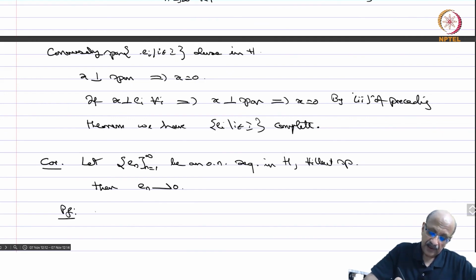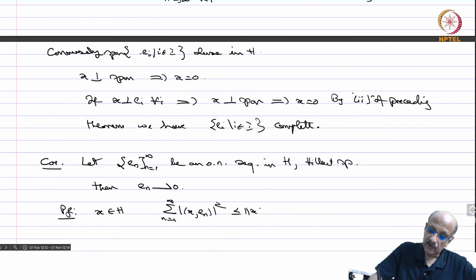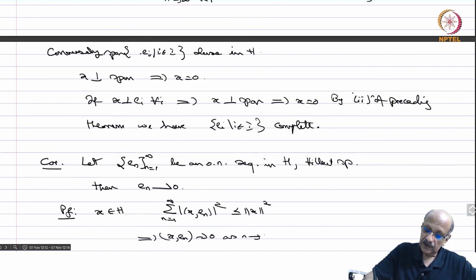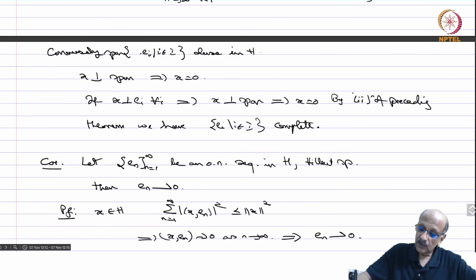If x belongs to H, then we have the sum from n equals 1 to infinity of mod (x, e_n) squared is less than or equal to norm x squared. This is Bessel's inequality. Therefore this is a convergent series, which implies that (x, e_n) tends to 0 as n tends to infinity. Now every continuous linear functional, by the Riesz representation theorem, comes as an inner product with respect to x, and therefore this simply implies that e_n goes weakly to 0.